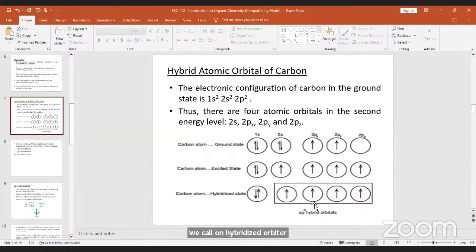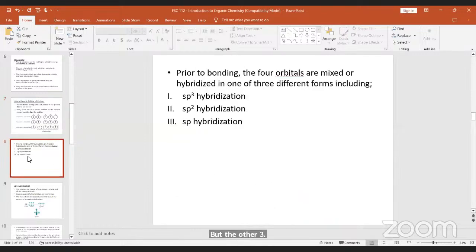But the other 3 will mix up together to form what is called sp2 hybridization. So a carbon atom having sp2 hybridization also has 1 p orbital that is not hybridized, staying on its own.